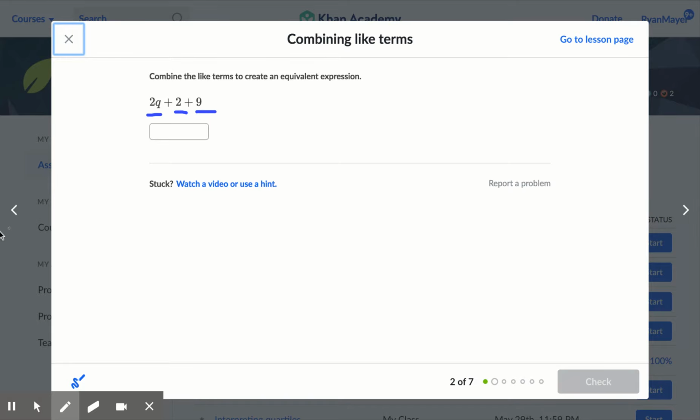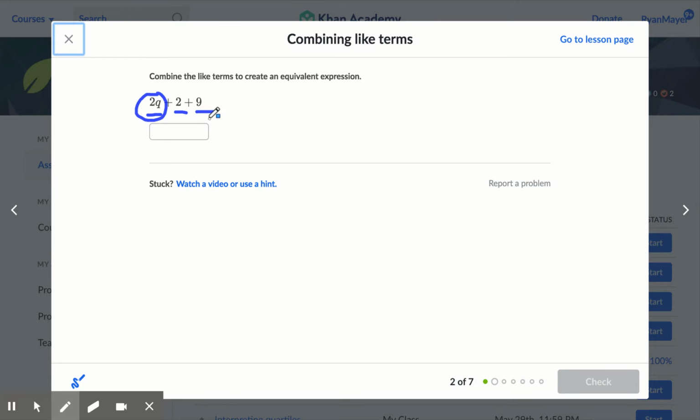You need to be careful when you are combining these. Do not combine, and I saw a lot of this in class, do not combine the coefficient with the variable with whole numbers. You can only combine this with numbers that are attached to the same variable.